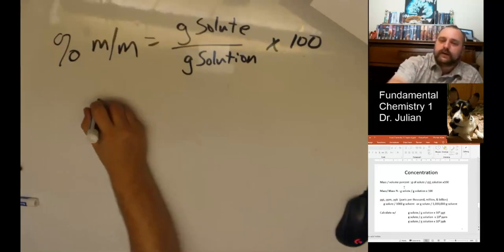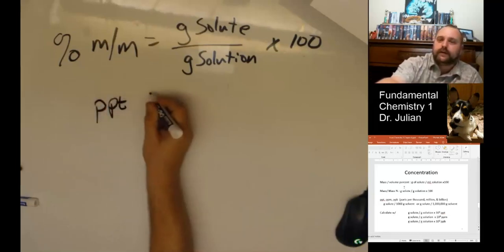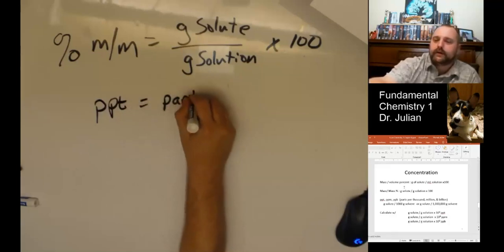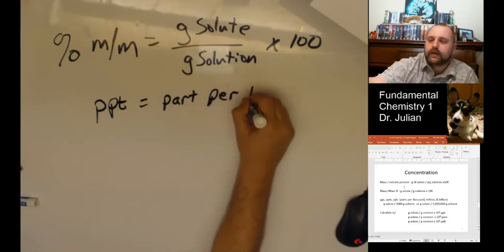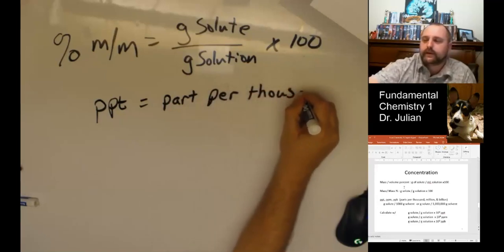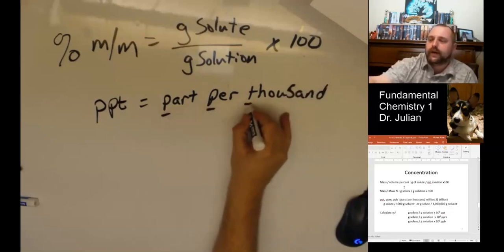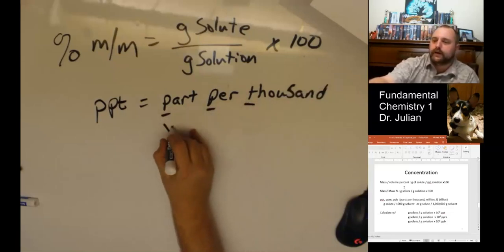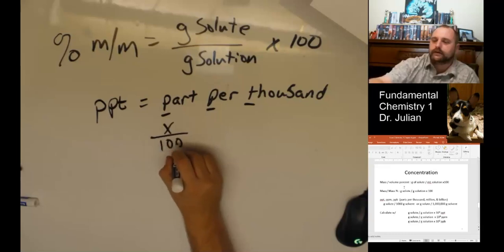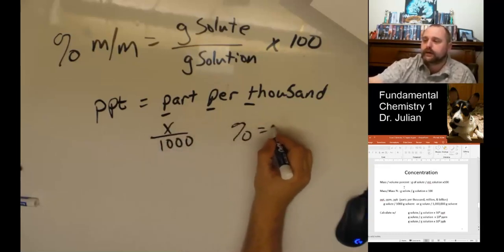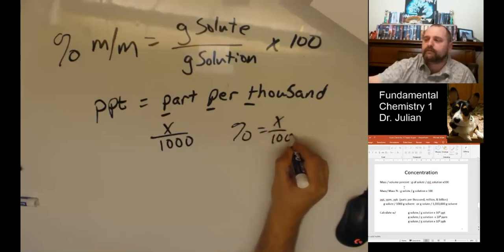So then we use this idea of PPT. Now PPT is part per thousand. In other words, x over 1,000. Well, remember that percent is x over 100.